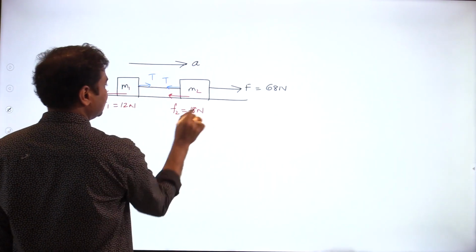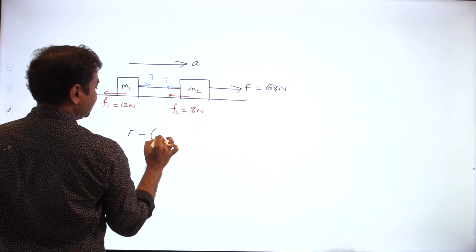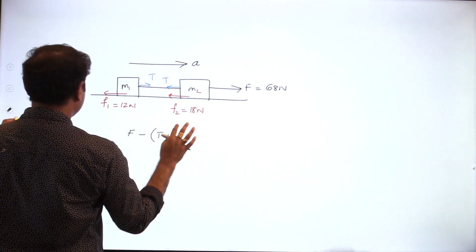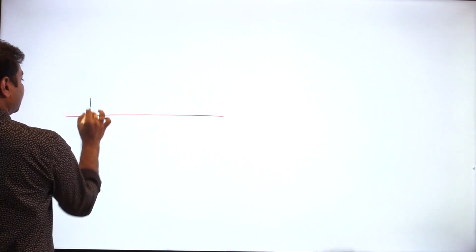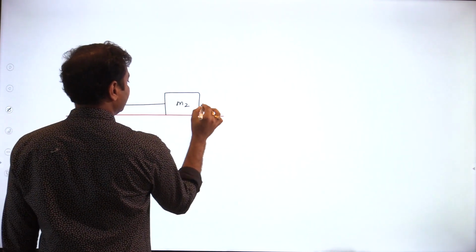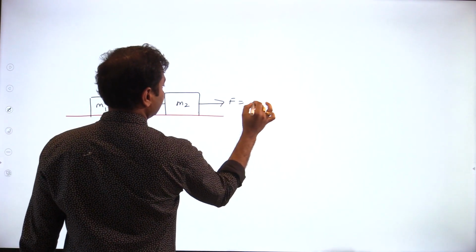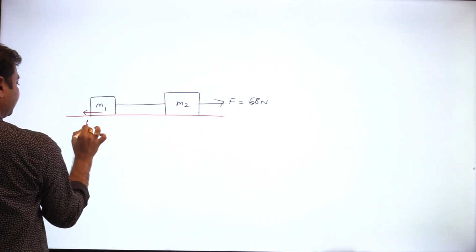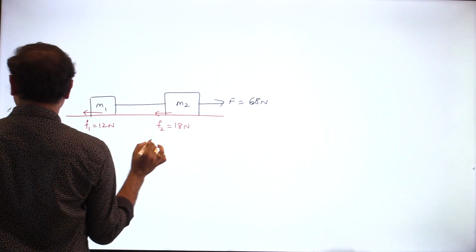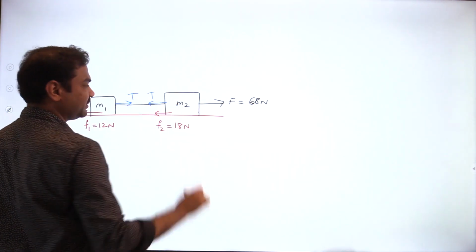Then, writing the equation for the M2 block, what equation can I write? Let me write with F2 only, so that you will understand. This is M1, M2, and the force acting is 68 Newton. The friction forces are F1 12 Newton and F2. Tension always acts along the string and away from the objects.